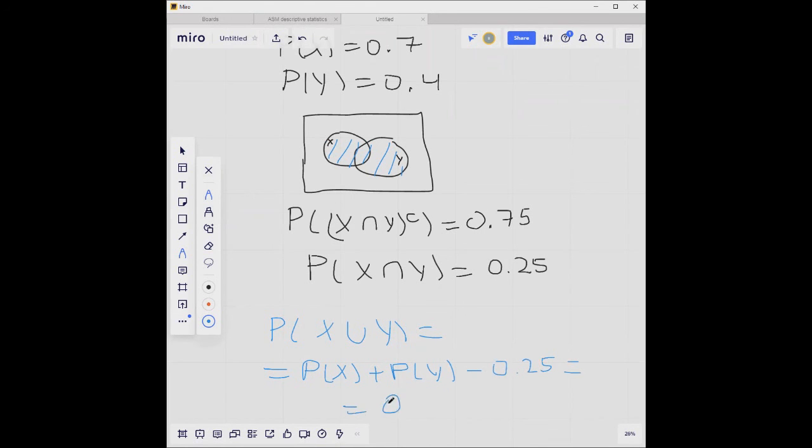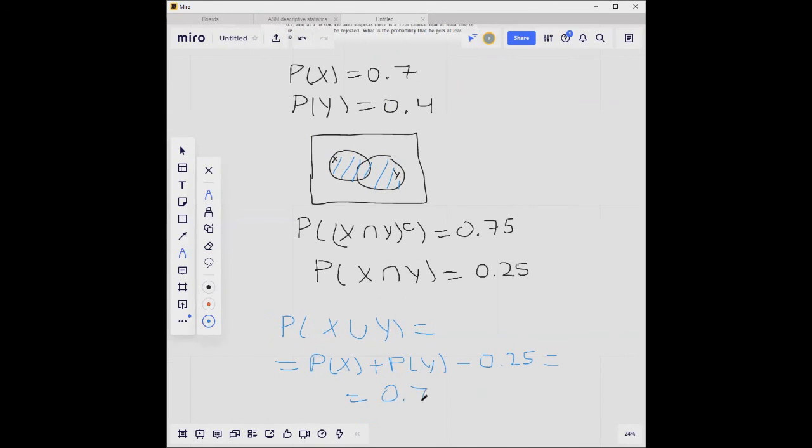So this is 0.7 plus 0.4 minus 0.25, which is equal to 0.85.